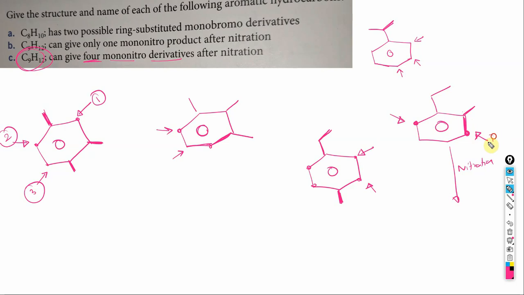Therefore that is 2, so this is 1, this is 2, this is 3, which is different from this center, which is a 4, right? There are 4 different locations in the molecule, therefore you can get 4 distinct mononitration products when you nitrate this ring.